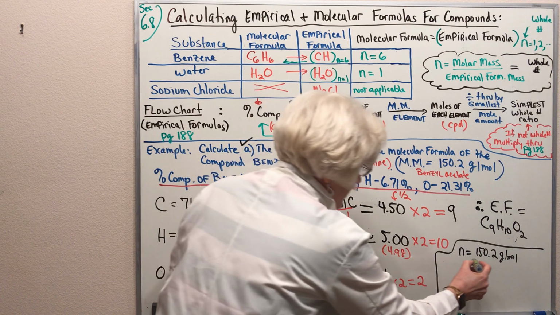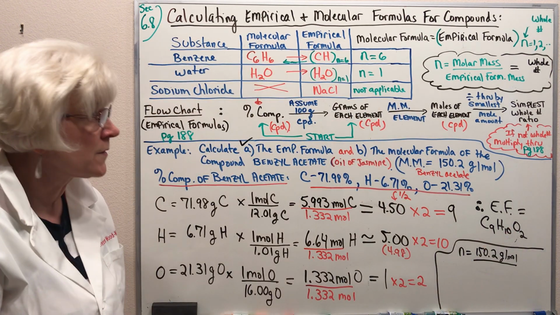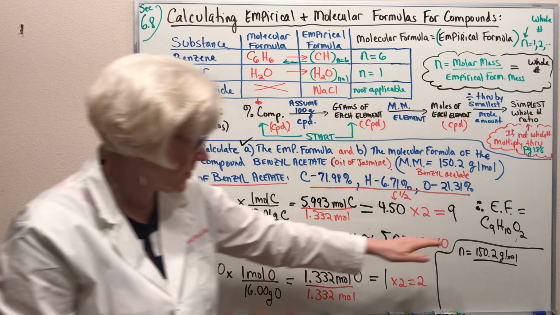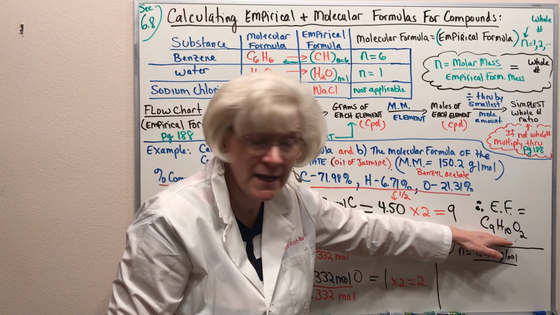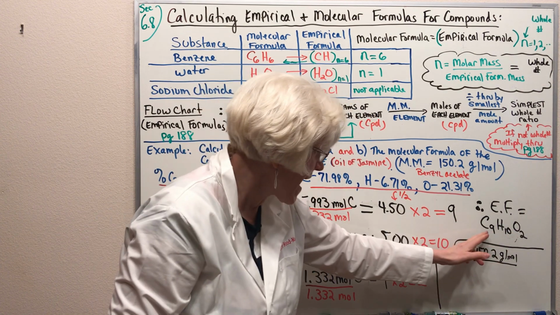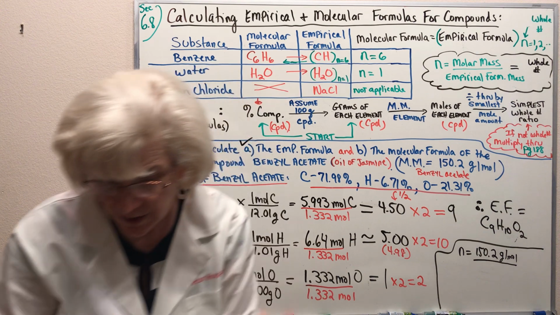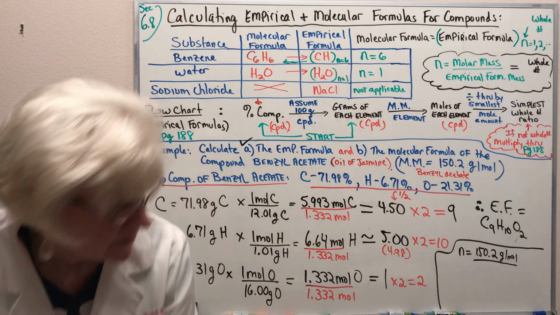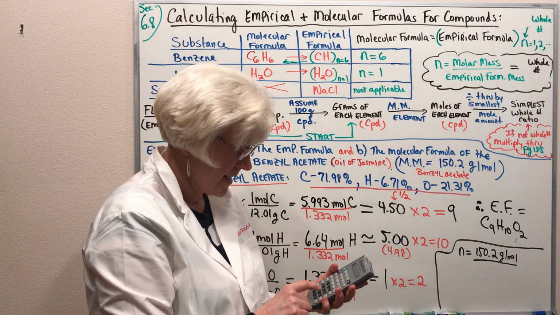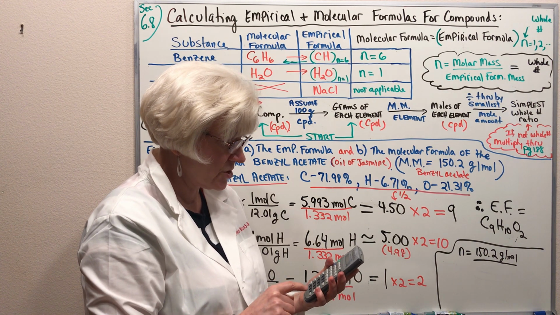And now I have to divide it by the empirical formula mass. So that means I have to take my empirical formula and add up the masses of 9 carbon, 10 hydrogen, and 2 oxygen. So 9 carbon, 10 hydrogen, and 2 oxygen.